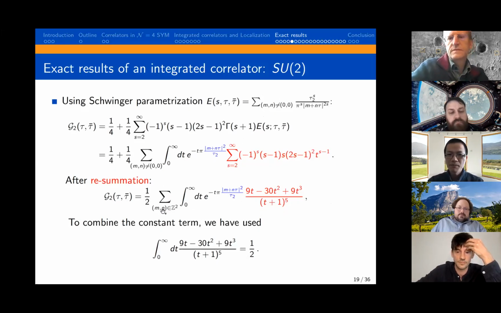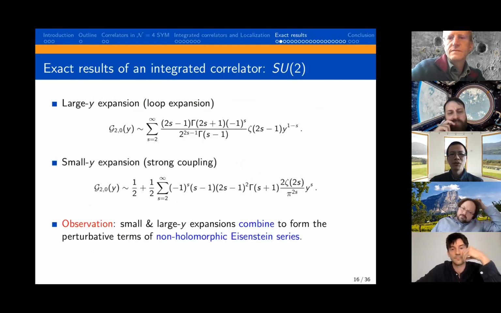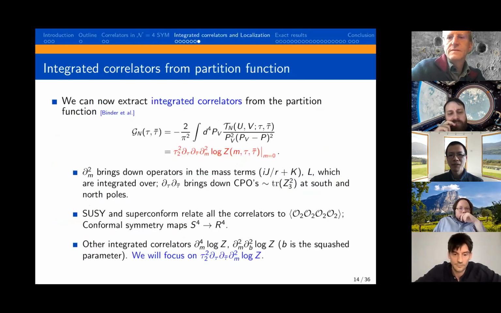It's still a sum, but it's well defined. Now you can take, say, large y expansion, small y expansion, or look at the instanton sectors. They all agree with what you would compute from localization. Okay.